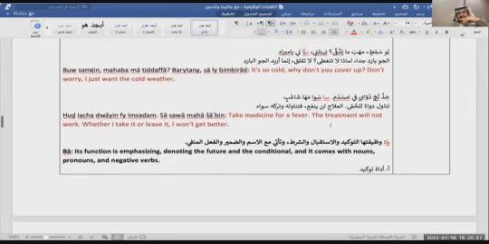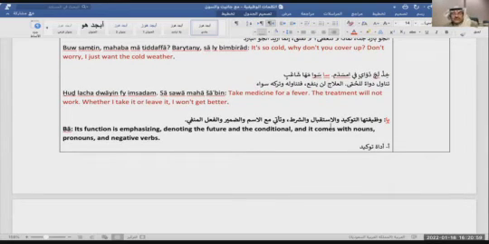So see here, for example, someone advised someone else to take medicine for fever, and he will say the treatment will not work.